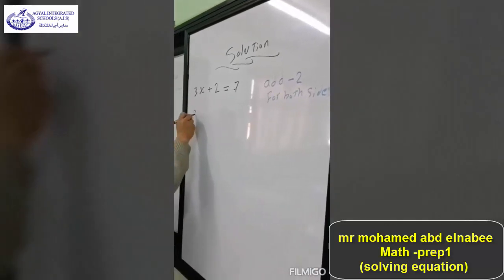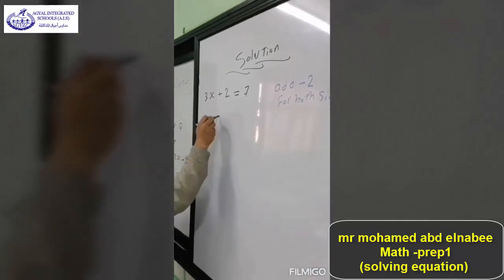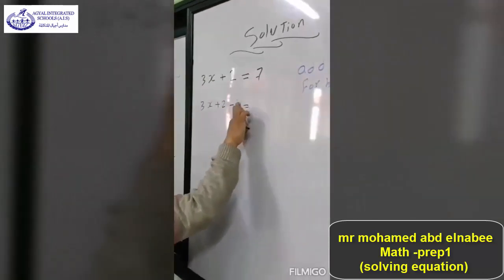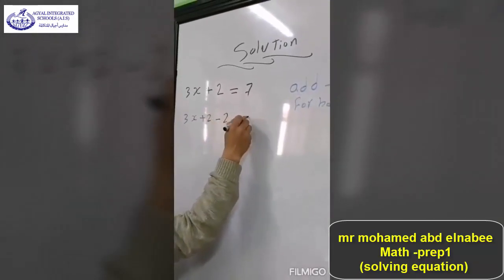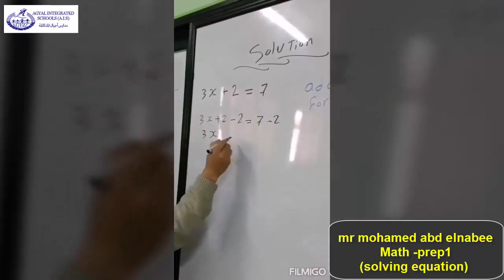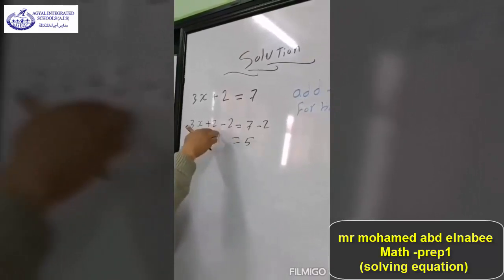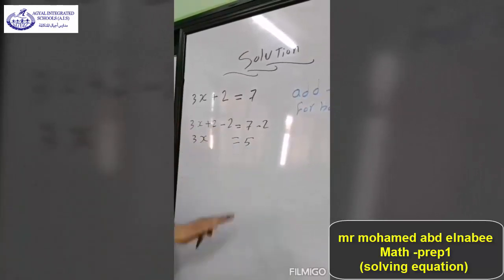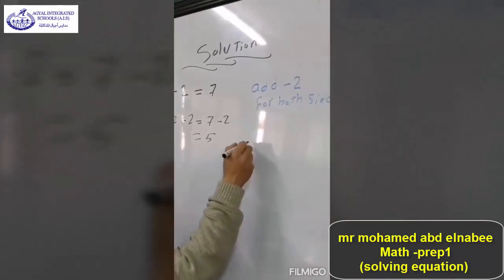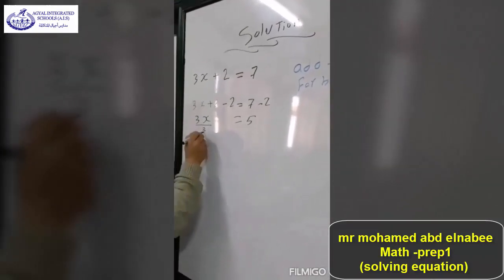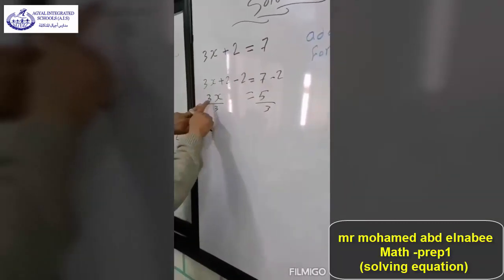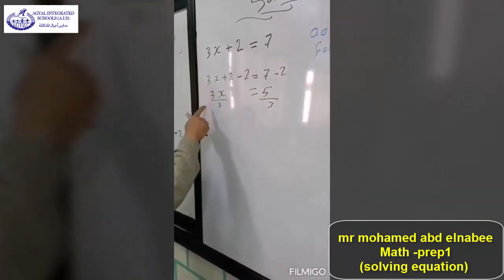Now, 3x plus 2 minus 2 equals 7 minus 2, which gives 3x equals 5. Look, it's hard, I know, but you must know how we solve by this. Then divide by 3. Can I say over 3 over 3? Why do we say 3? Because the coefficient of x in this problem is 3.